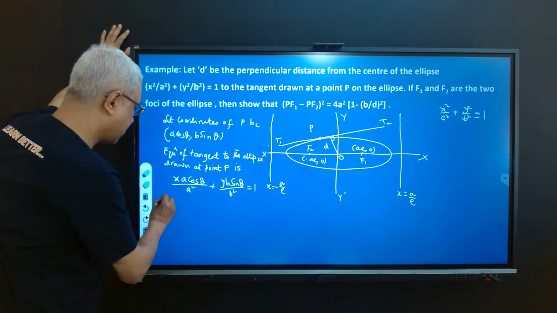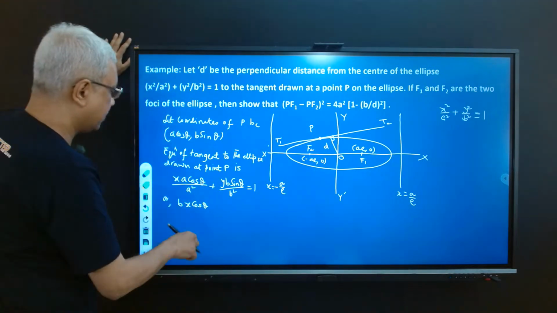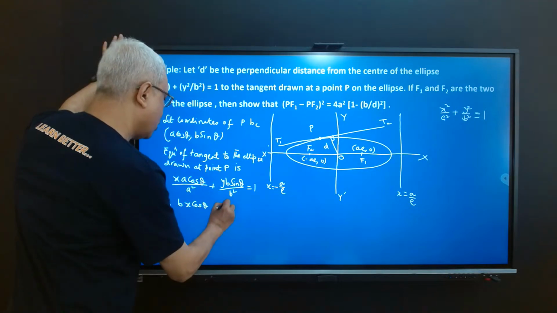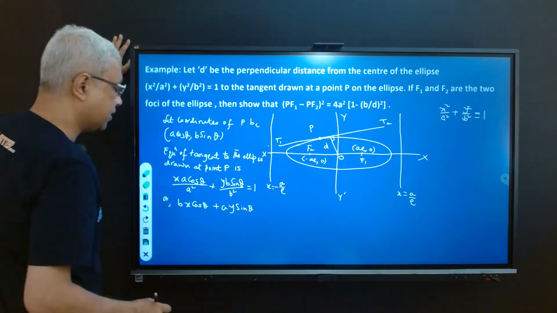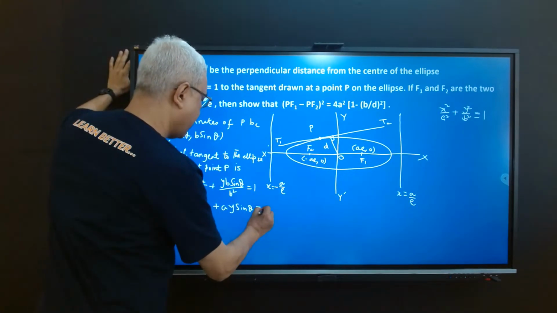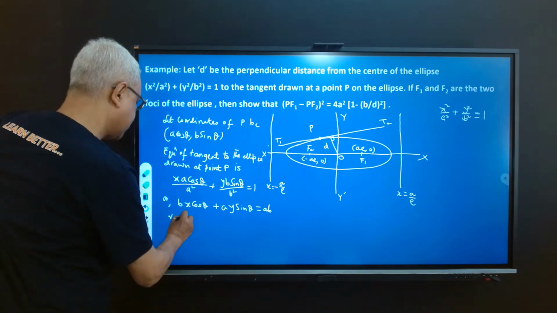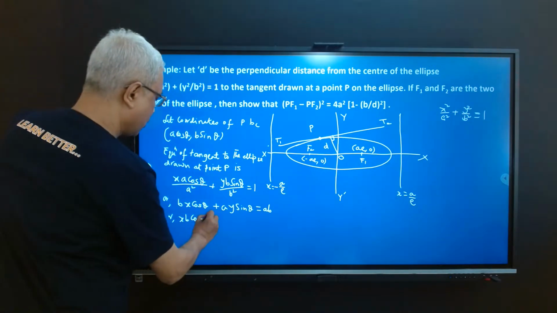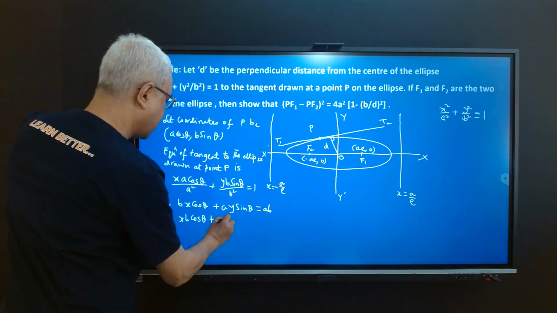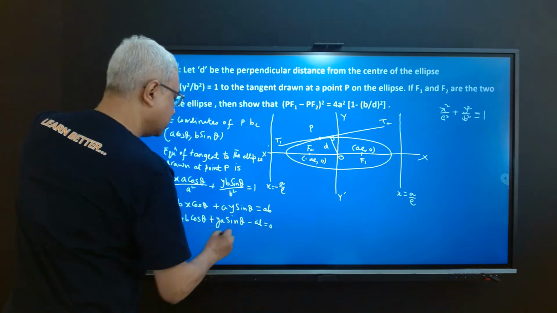So I can write x cos theta multiplied by b plus y sin theta multiplied by a equal to ab, or x b cos theta plus y a sin theta minus ab is equal to 0.